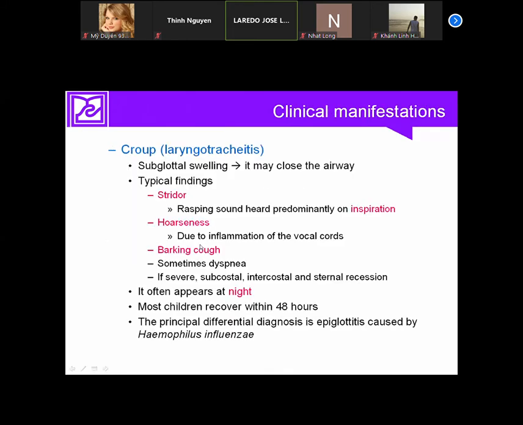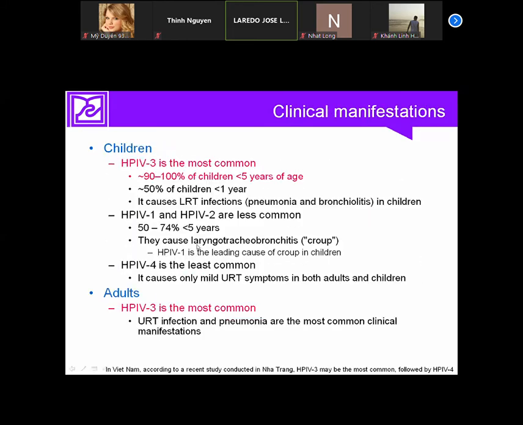In Vietnam, these viruses are also very common, and it seems that the most common parainfluenza virus is type 3, and maybe also type 4. This is a study conducted in Nha Trang some years ago. So maybe in Vietnam, type 3 is also the most common, the same as all over the world.